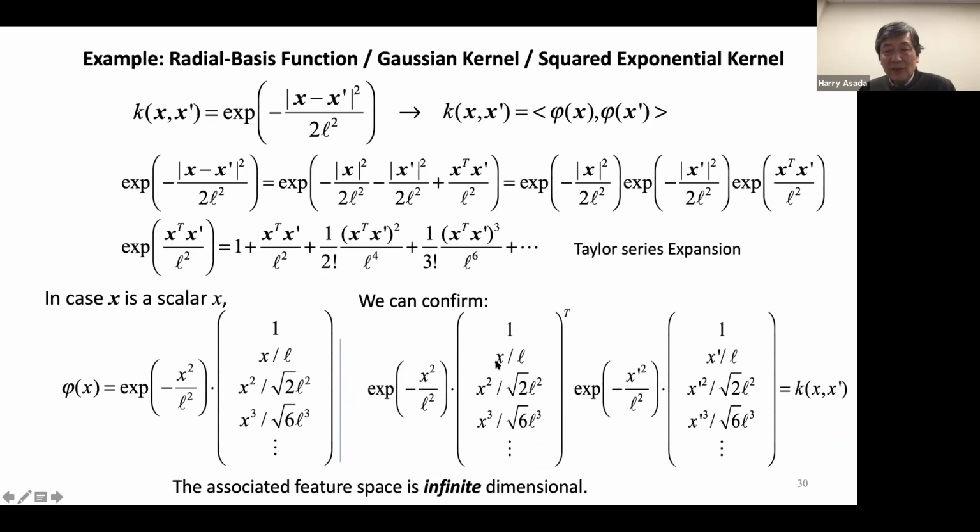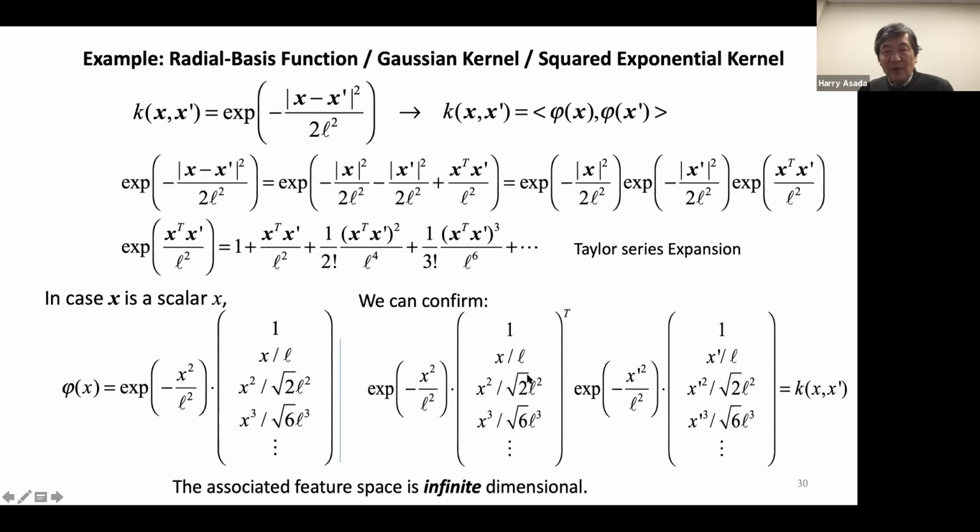So likewise, this one gives this guy. So at least for this particular term, we can split between all x terms and x prime terms, right? And then multiplied by this, multiply this one to this. Yeah, we can split the radial basis function kernel into this infinite dimensional space.